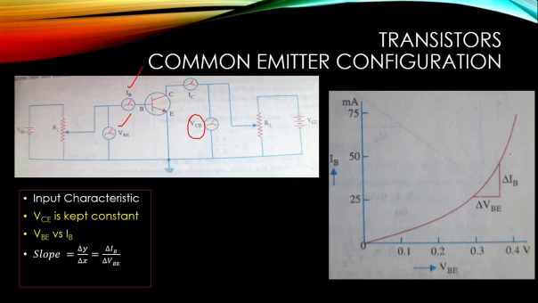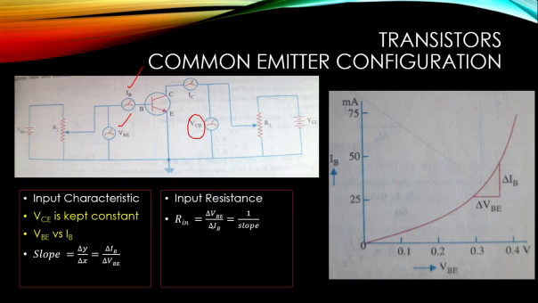In this curve, the slope is delta Y by delta X, the change in Y by the change in X. Here delta Y corresponds to the change in current and delta X to the change in voltage, so the slope is the change in current by the change in voltage. But what you require is resistance, which is the change in voltage divided by the change in current.